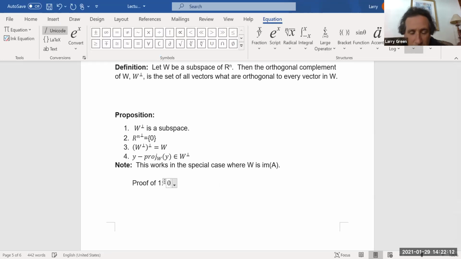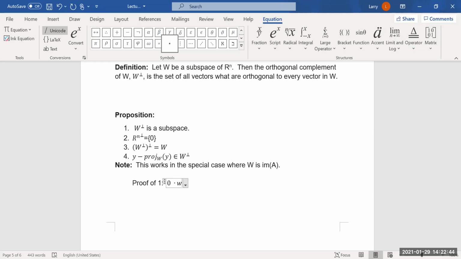What is 0 dotted with some vector w in W?